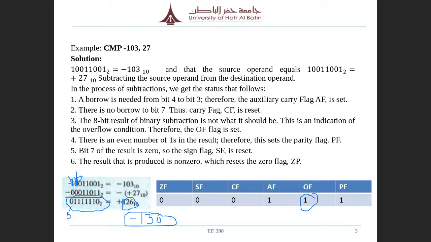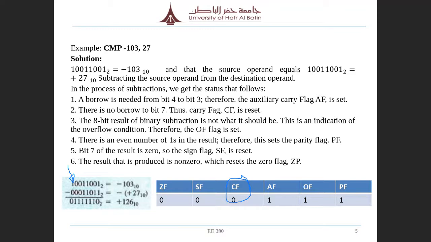Again, let me erase this. What is the difference between the carry flag and the auxiliary flag? For the carry flag, if a borrow happens in the MSB bit, then the carry flag is set.